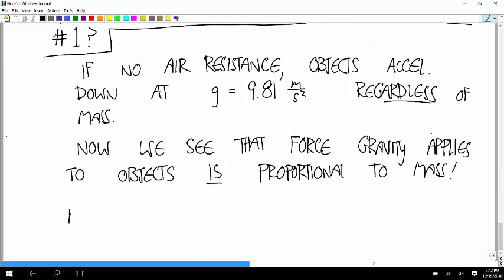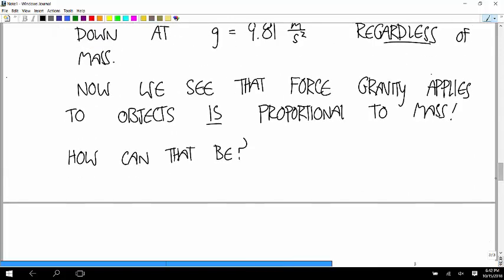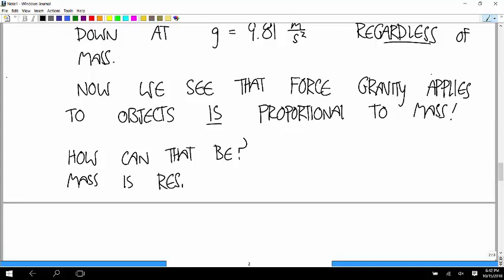So let's see. How can that be? And the answer is mass is resistance to acceleration.